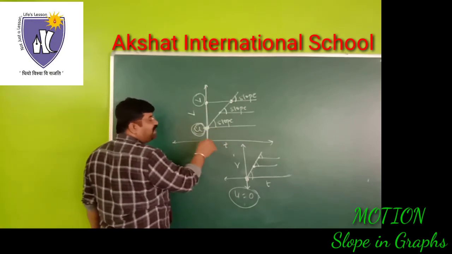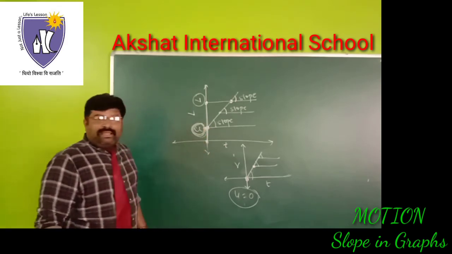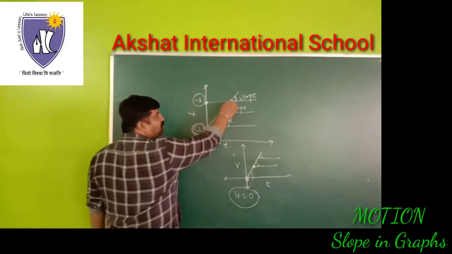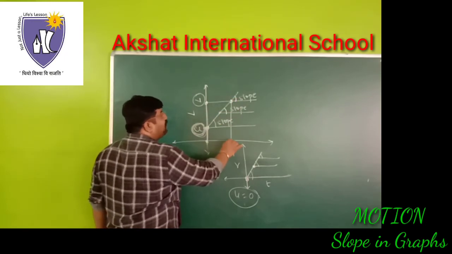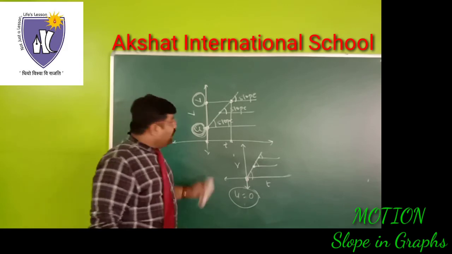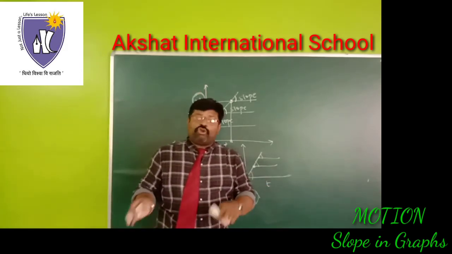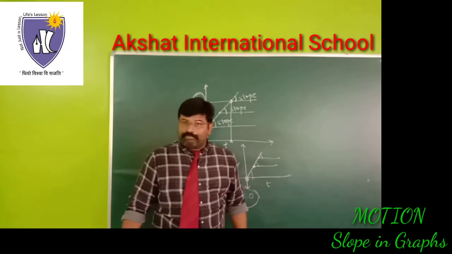When the object has started, the velocity of the object is u, and after some time we observe the velocity, say after this time the velocity is this one. These velocities are different, but the object is moving uniformly.